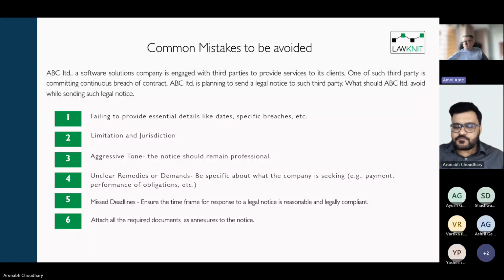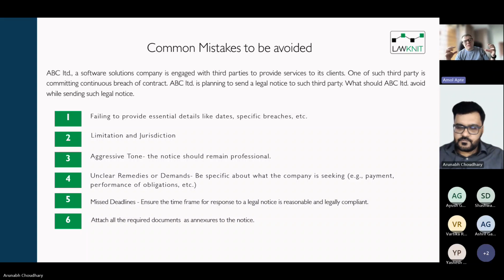Yeah. So we've discussed the essentials that a legal notice should carry. If you miss out on any of those, it's going to be a problem. For example, if you have not captured the facts or the details of the breaches that have happened in the agreement properly, it's a problem because you are not giving the other party a reasonable opportunity of being heard.